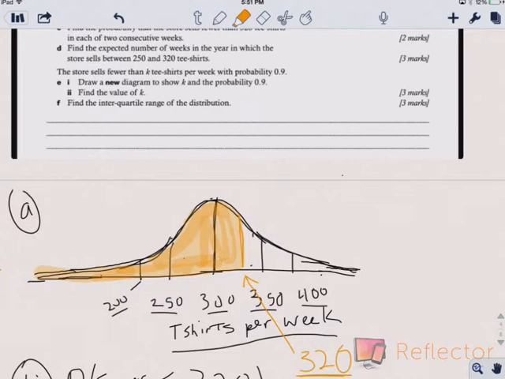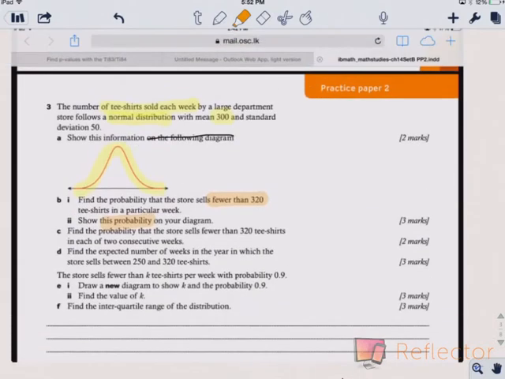But since we're finding the area under the curve all the way up to 320, you want to think about this problem as less than 320, all the way up to 320. There's some space under the curve between 319 and 320, so we want to just use the number 320 to solve this problem.